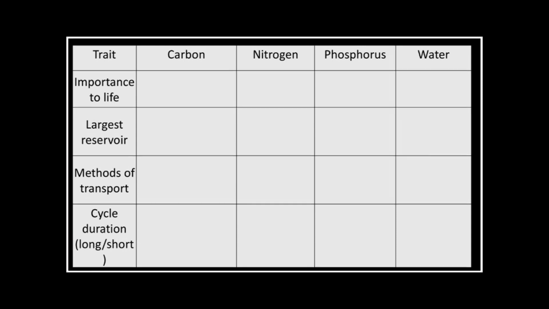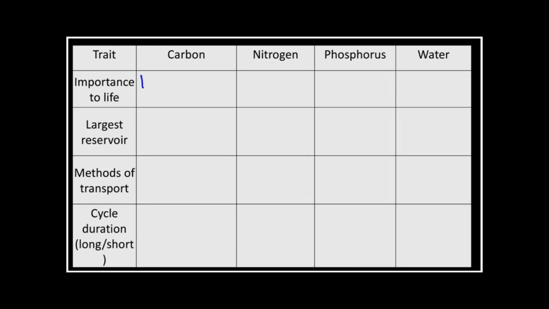Okay, so let me pick a color that's a little darker since we're going to come here. Now we're going to talk about these 4 elements. Remember, these are the cycles that we talked about, the most important cycles we have. We also talked a little bit about the sulfur cycle, but these 4 are our most important. So what is carbon's importance to life?